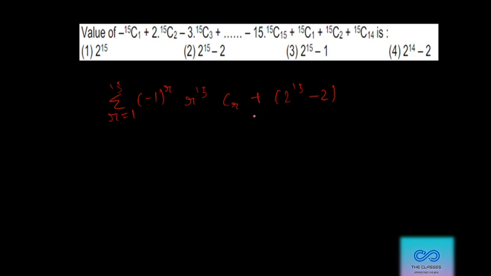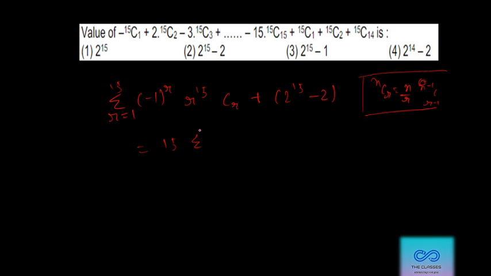Basically this is our general term. Now we'll solve this general term. We all know that ncr equals n by r times n minus 1 c r minus 1. So this is the formula which we are using here.